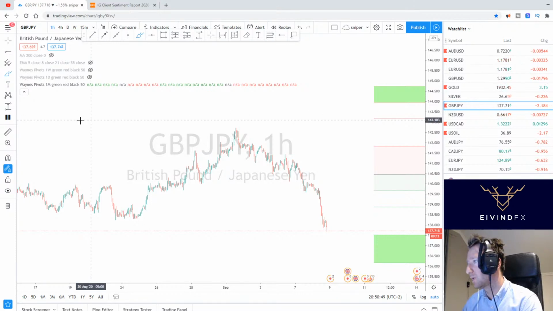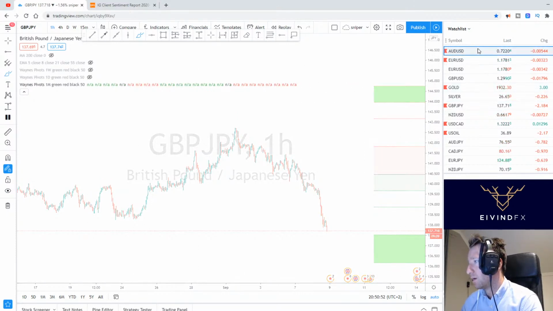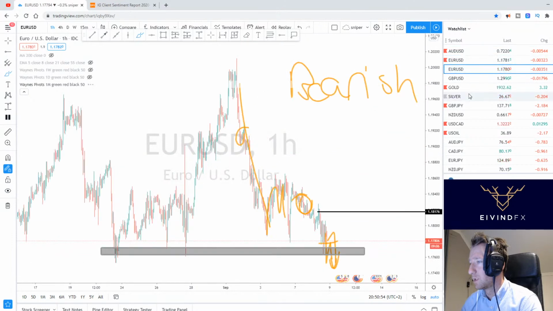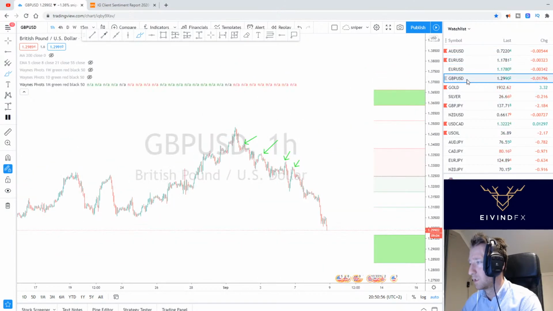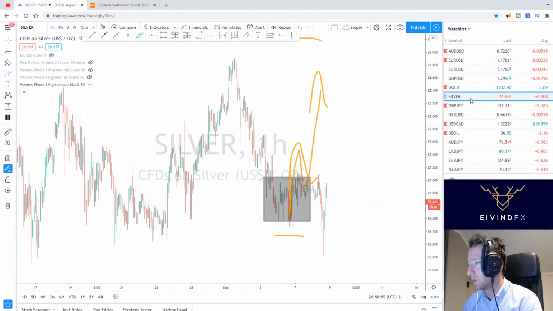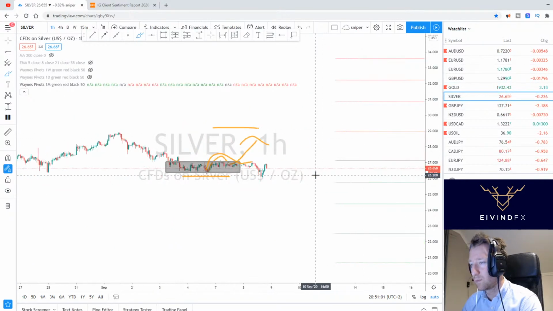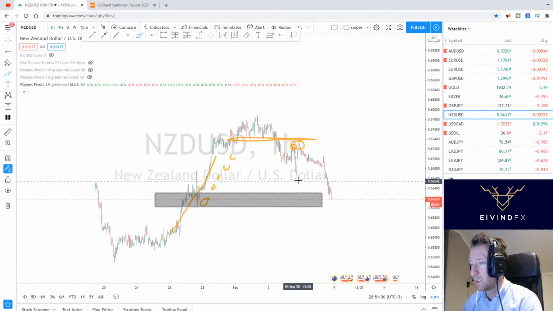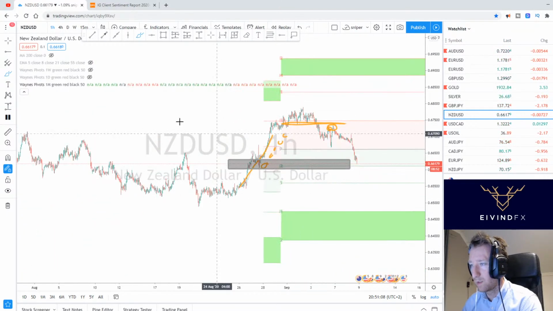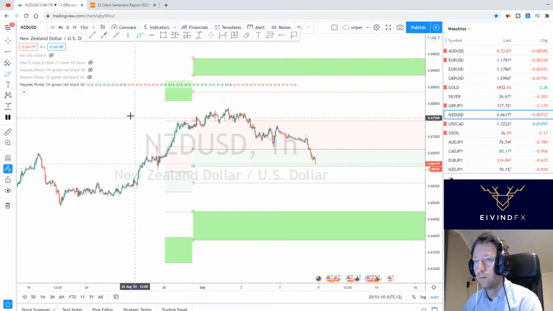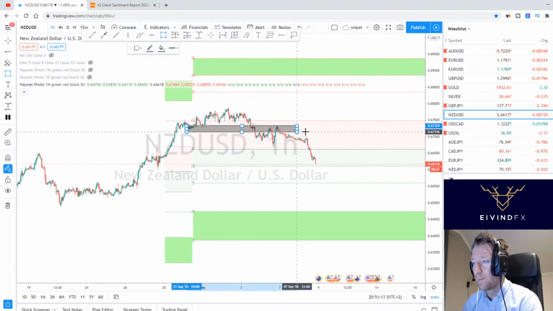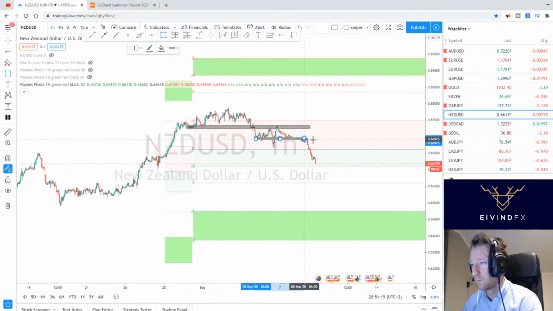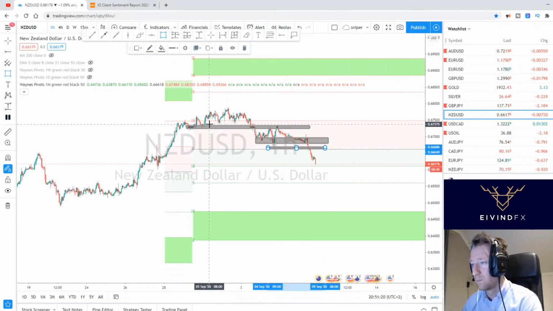All right, what else? Aussie dollar we've done, euro dollar we did, pound dollar we did, gold we did, silver, still not a market. Pound yen waiting for it to return. New Zealand dollar, okay.